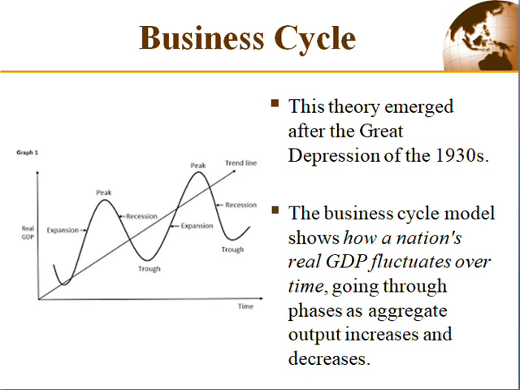Business cycle models show how national real GDP fluctuates over time, going through phases of aggregate output increase and decrease. So business cycle describes the regular fluctuation in economic performance of an economy.